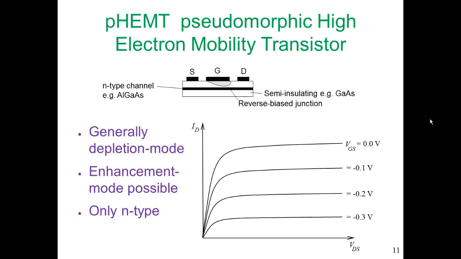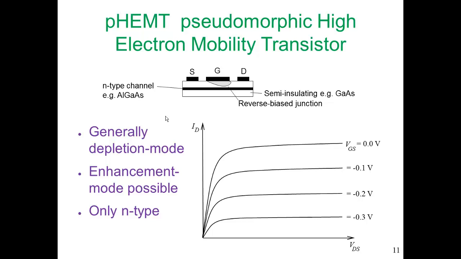Now PHEMT is a very similar device. The curves look much the same. The difference is that an N-type channel is formed in a very thin layer of aluminum gallium arsenide or a similar compound. And so there's a mismatch with the gallium arsenide, and the effect is that current only flows in the aluminum gallium arsenide.